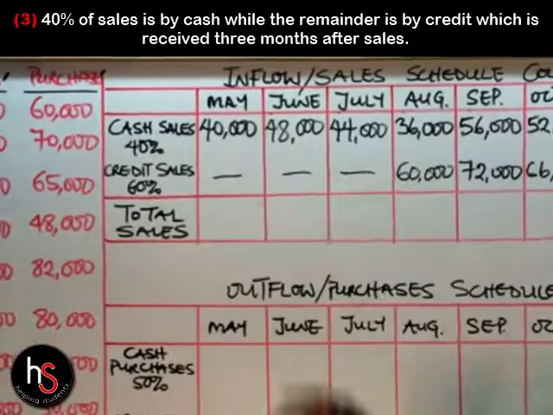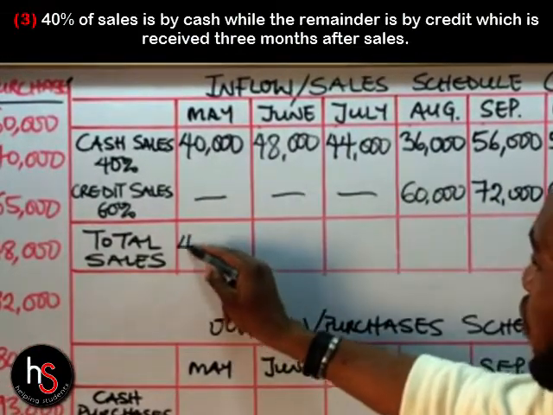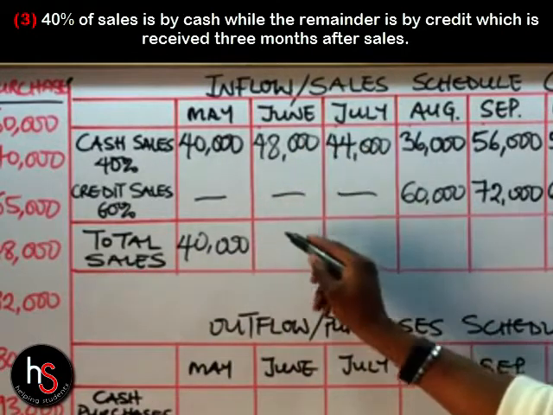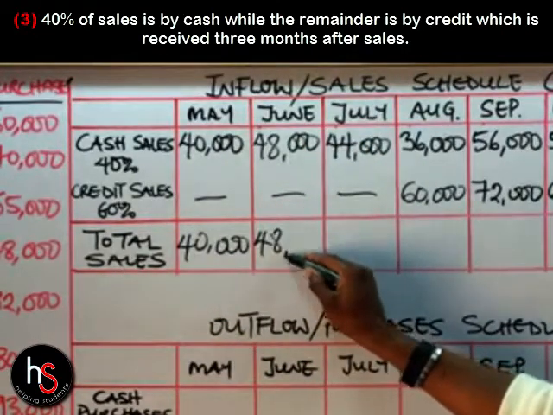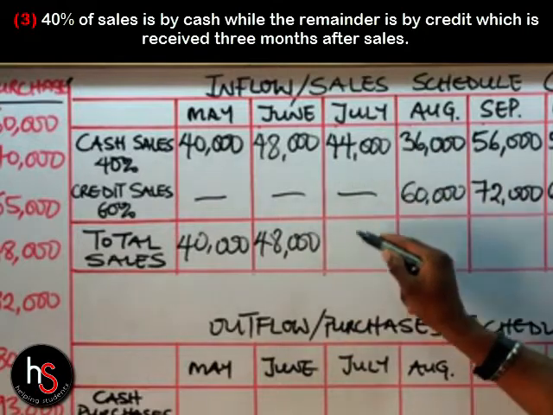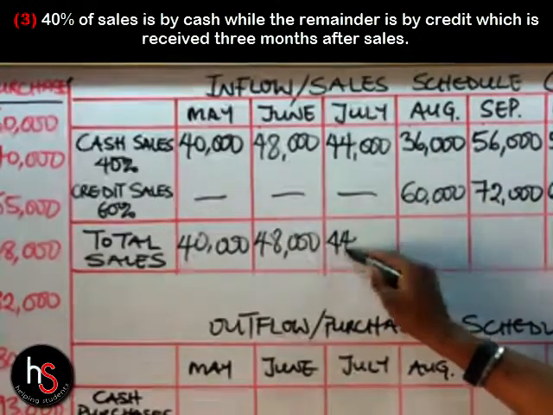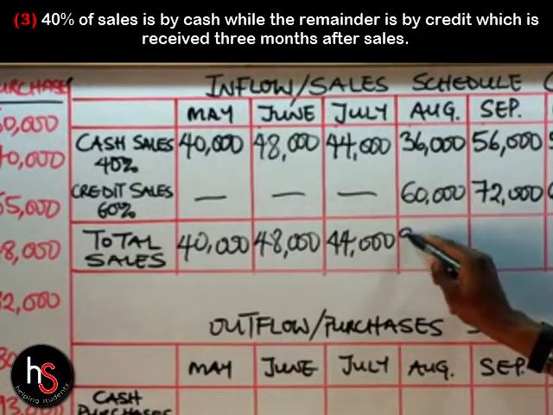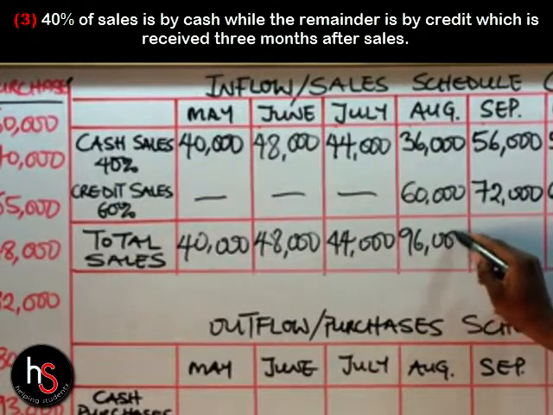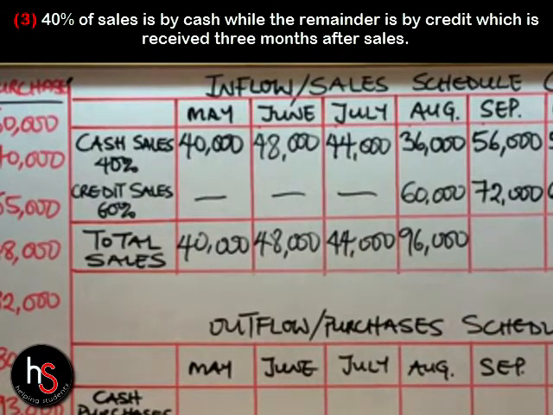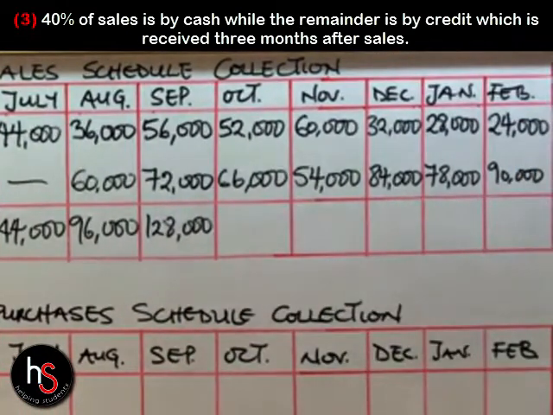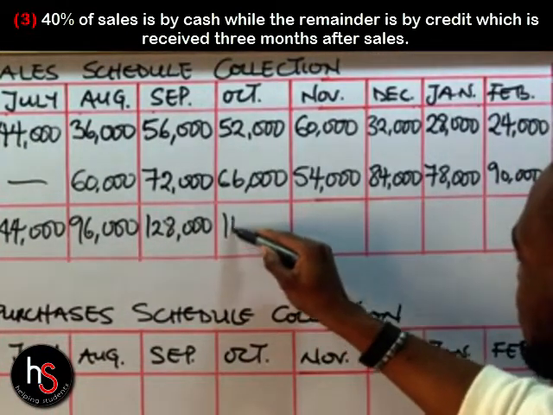Now to get the total, in May, we have 40,000. So this is the total sales now. In June, we have 48,000. In July, we have 44,000. In August, we have 96,000. In September, we have 128,000. In October, we have 118,000.